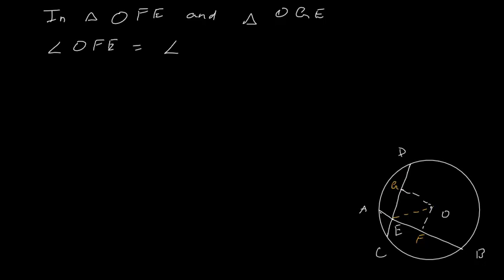Okay, now in triangle OFE and triangle OGE, in these two triangles, angle OFE is equal to angle OGE is equal to 90 degrees. Okay, this is our construction.